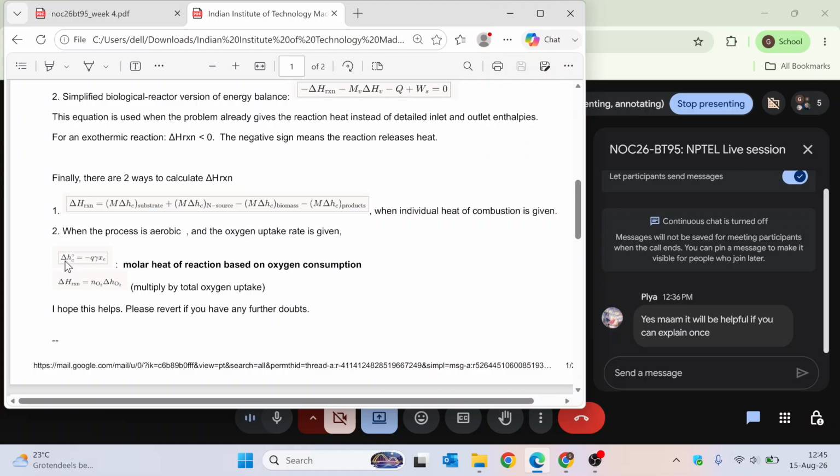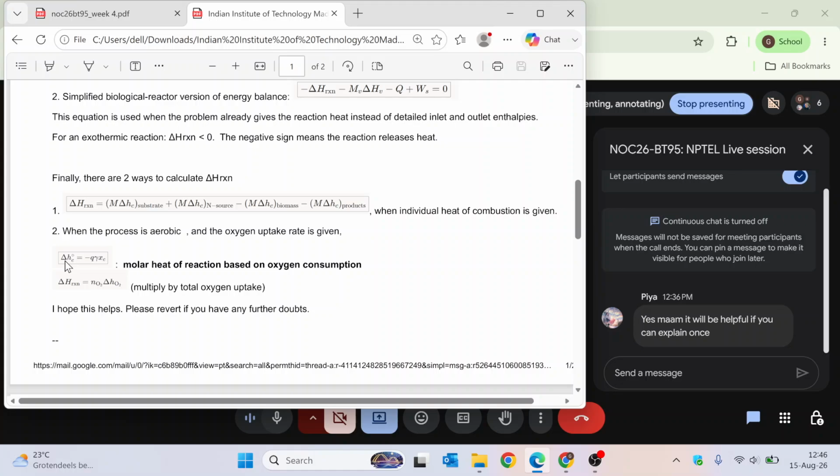All this is based on whatever is given in your problem and whatever condition is stated in it. If the problem says it is an aerobic process, gives you the chemical formula for the compound, and gives you an equation or tells you how much oxygen is being consumed, then you can use the last formula.